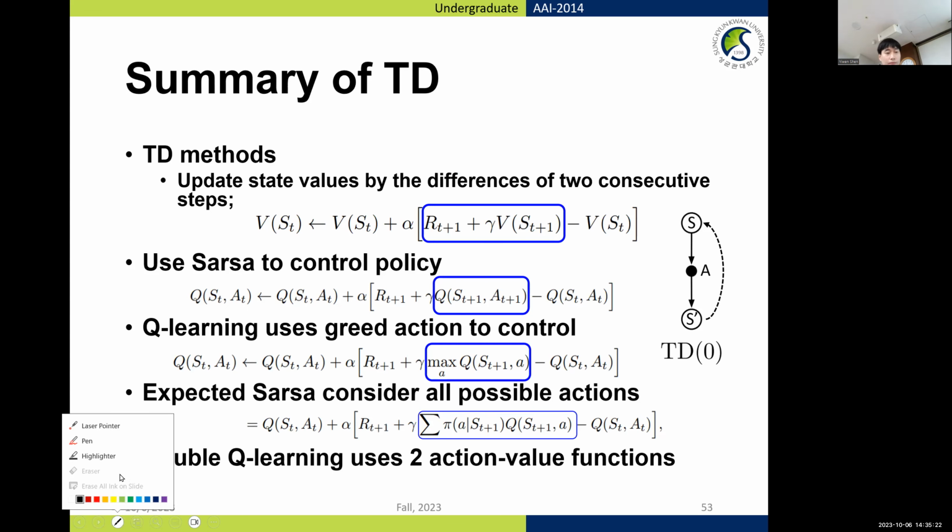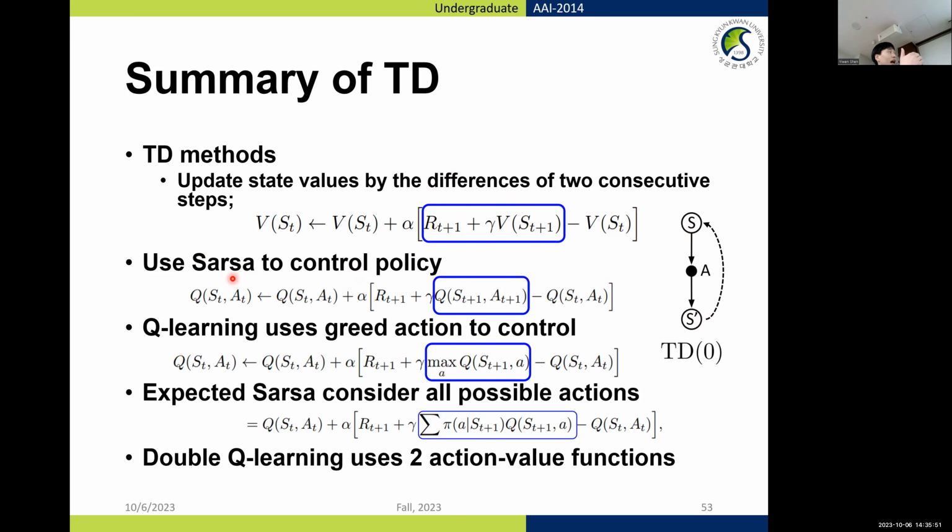We first do the state value update. The idea of TD is that we use the next state to update the previous state, which is R_{t+1} plus gamma times the next state value. This is the basic way, TD0. We call it the TD0 method.